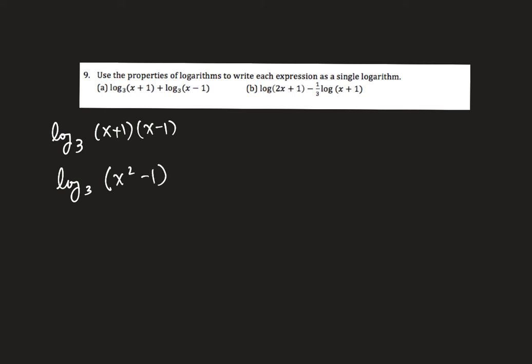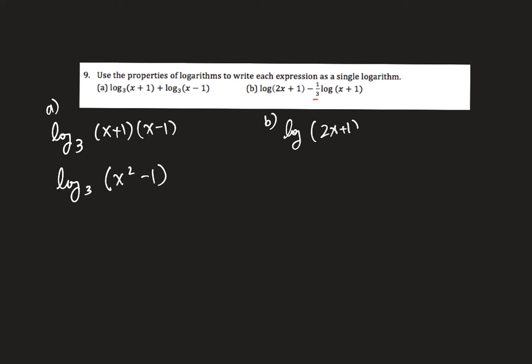And whenever you do have an expression, you do want to keep it in parentheses. For letter B, we'll do the same thing. Now notice that we have a power here. So let's move this first to be an exponent right there. It's base 10. This is the common logarithm.